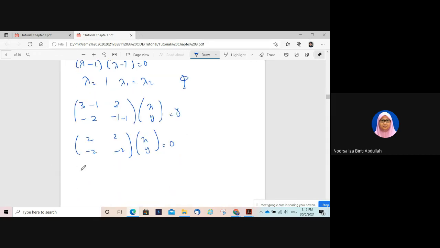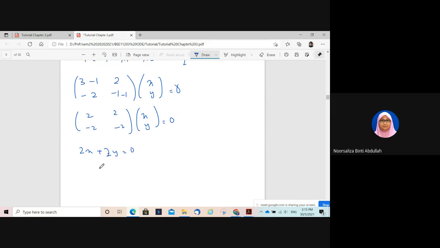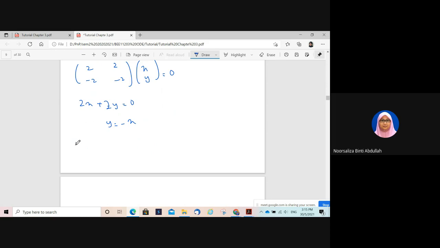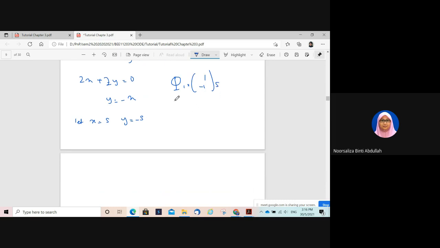Then you have 2x plus 2y equals 0. Then y equals minus x. Let x equals s, then y equals minus s. Then your eigenvector 1 is [1, -1] s.